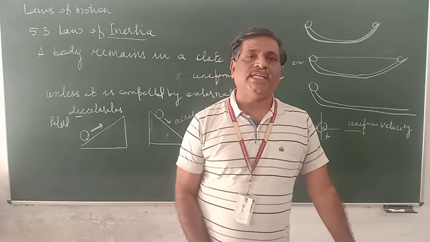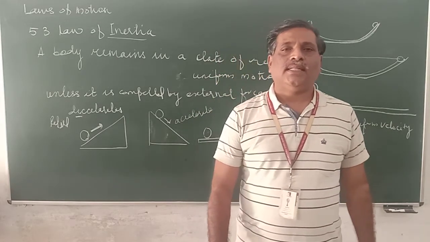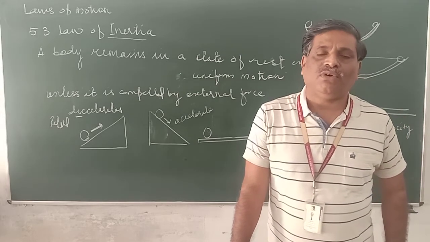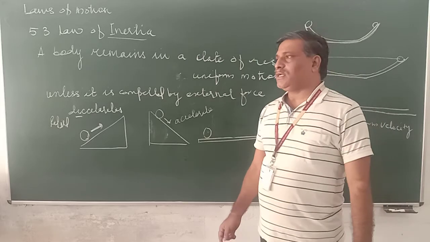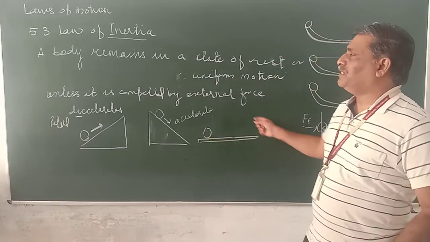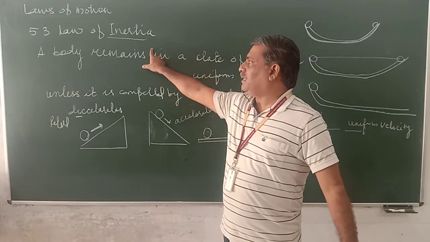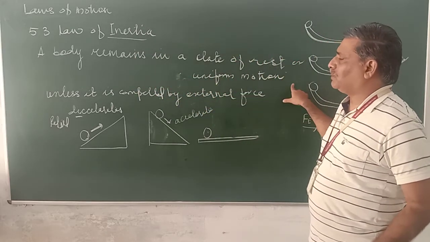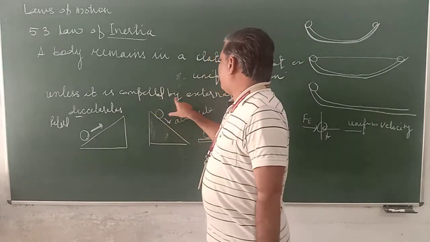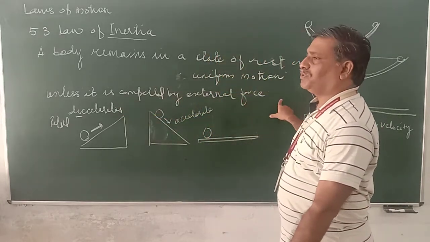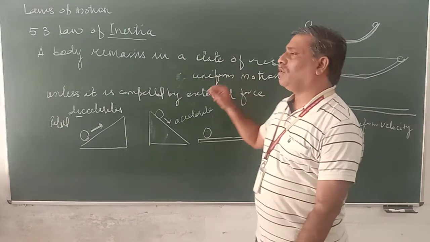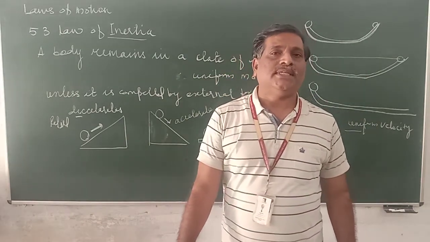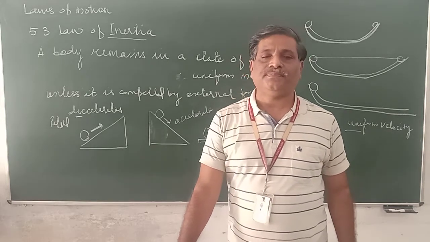If we want to change these states, external force is required, which is called the law of inertia. A body remains in a state of rest or uniform motion unless it is compelled by an external force. It is also called the law of resistance.